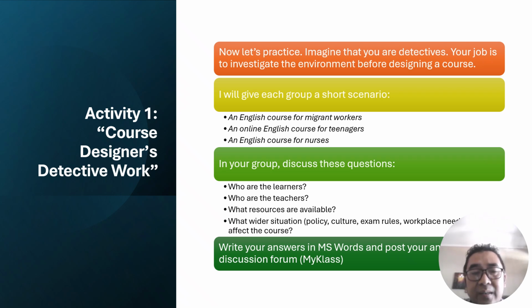In your group, discuss this question. Who are the teachers? Who are the learners? What resources are available? What wider situations like policy, culture, exam rules, workplace needs affect the course? Write your answer in MS Word and post your answers in the discussion forum of my class.